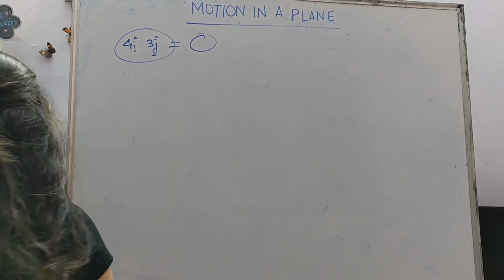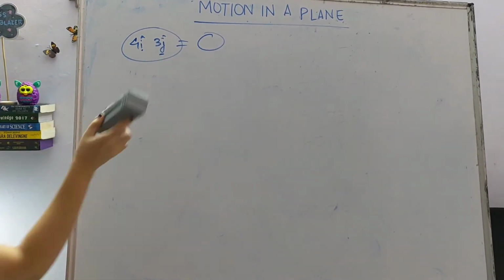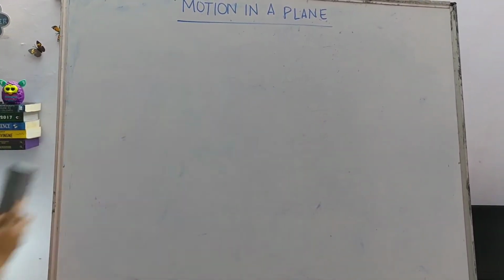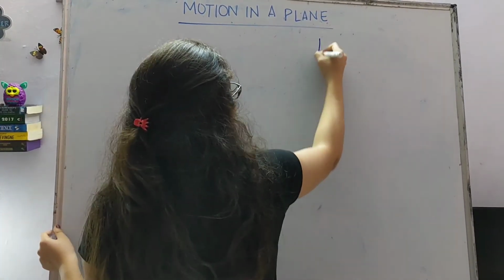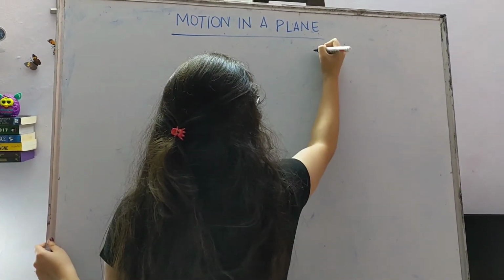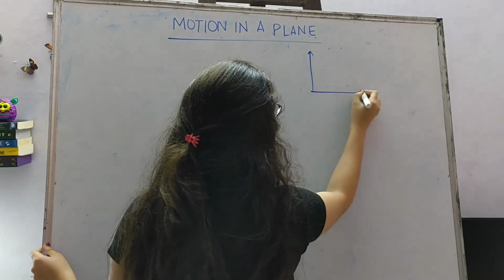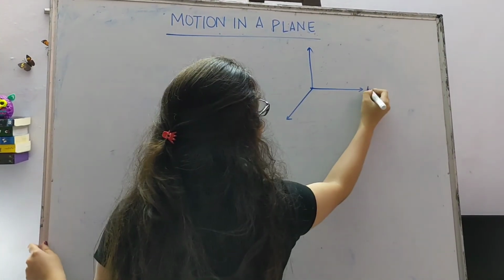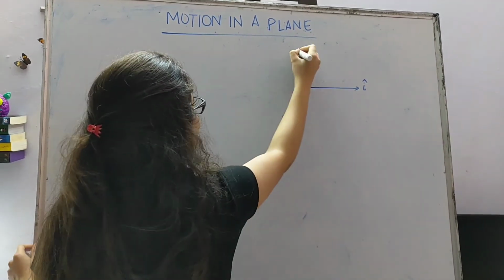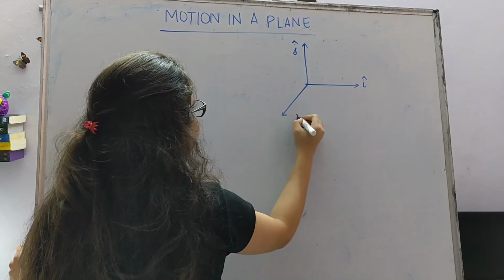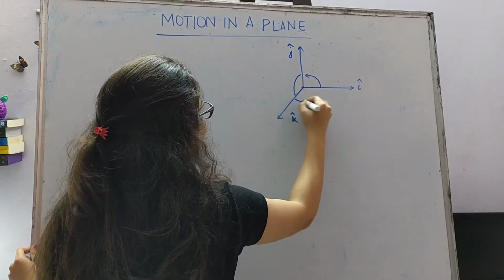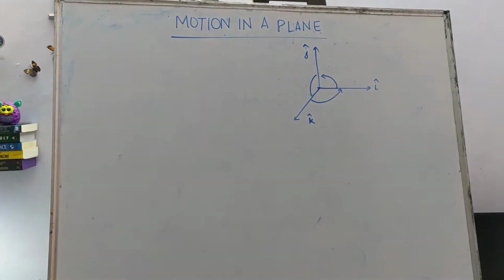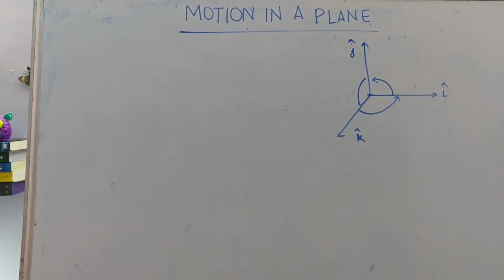For this I'll draw a diagram at the corner before I start to explain. This is i cap, this is j cap, and this is k cap. You will understand why I have drawn it this way soon.